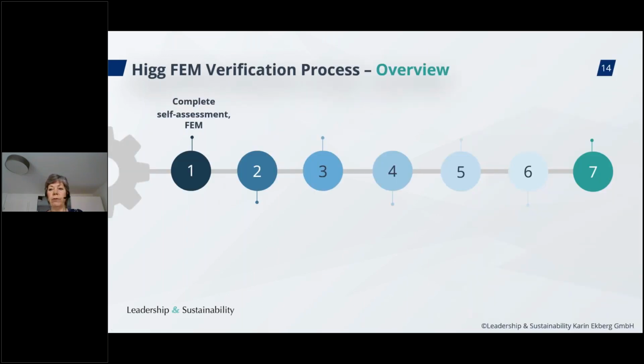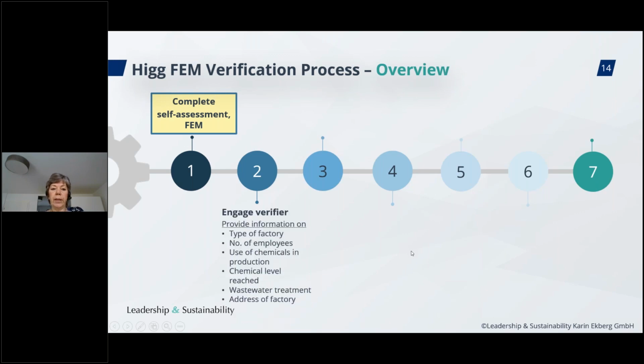And now an overview also of the Higg FEM verification process. You first complete your self-assessment in your FEM, and then you engage your verifier. And usually the verifiers, in order to make a proposal to you, need to have some information from you in order to understand how many days the verification will take.